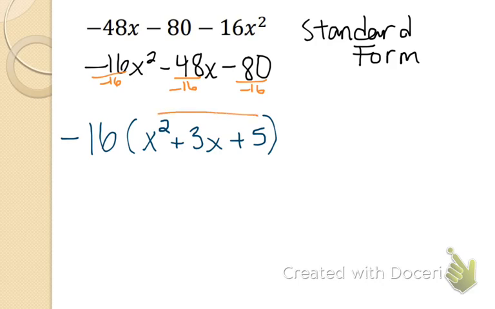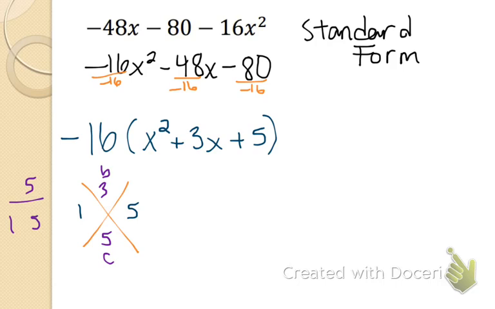So looking at this here only, what's inside, we're going to create our x. Okay, b goes on top, c goes in the bottom, so this is 3 and 5. We're looking for the factors of 5, 1 and 5, that can give us a 3. Well, we're stuck in a situation, in a problem here, where only 1 and 5 are the factors.